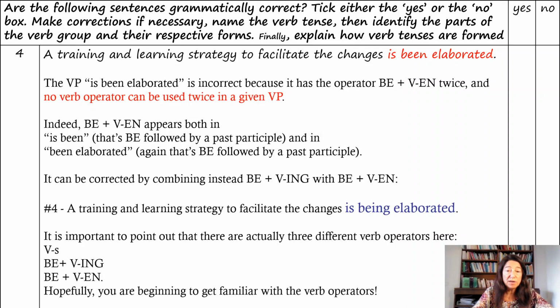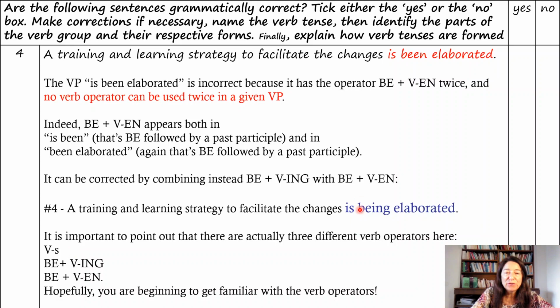The first one is VS, that appears on the first be here, and this is the present tense, so the symbol for the present tense is VS. I think that's the first time we're mentioning that, VS, and of course the S is there for you to remember that in the third person singular, the verb always ends with an S, like in he does or she asks.